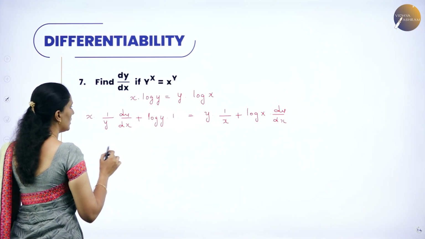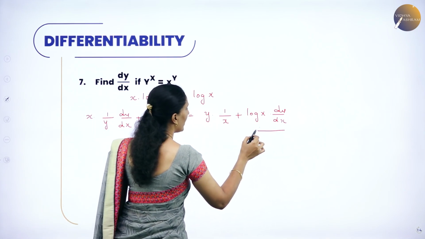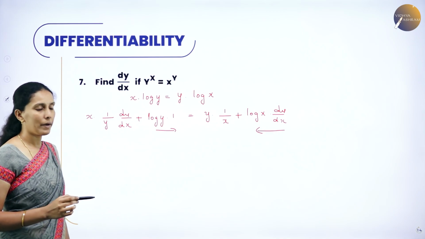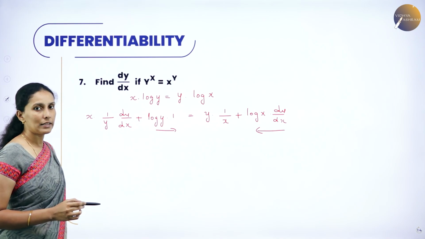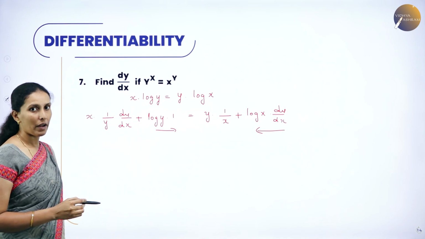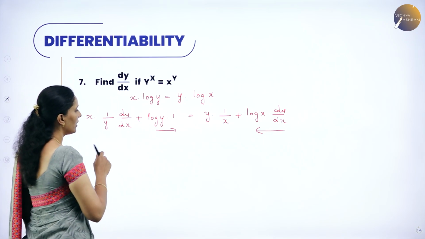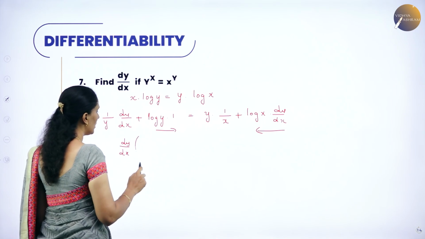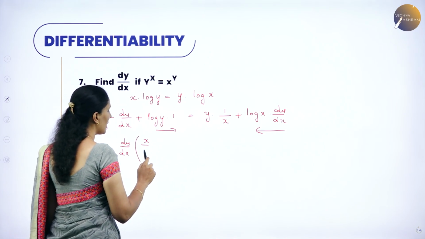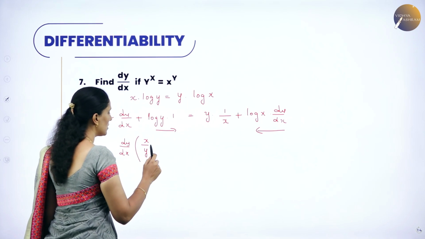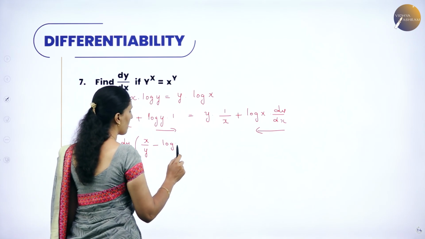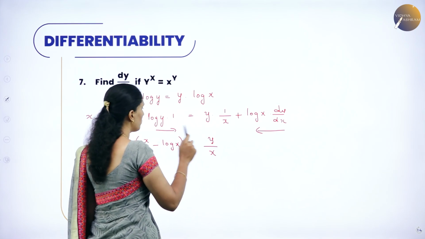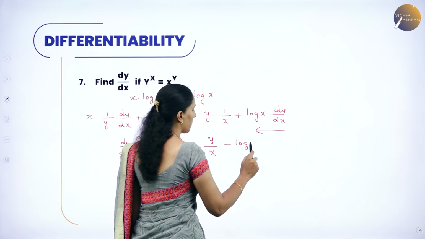Now move the terms containing dy by dx towards the left hand side and the terms which do not contain dy by dx towards the right side. So when you take dy by dx as a common factor here, it is x by y, and when it comes to this side it is minus log x. And here we have y by x, when you shift here, minus log y.